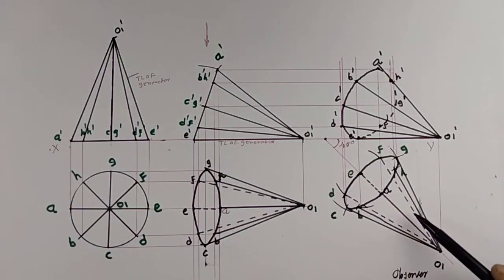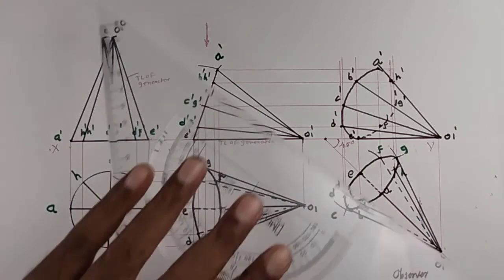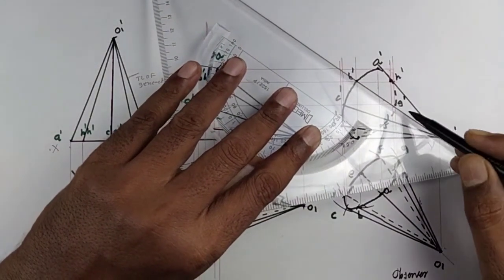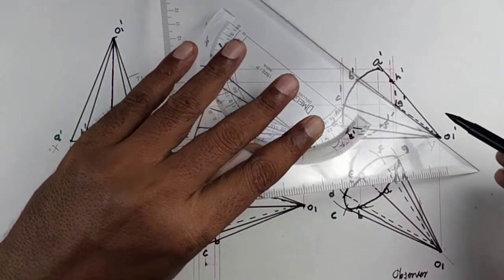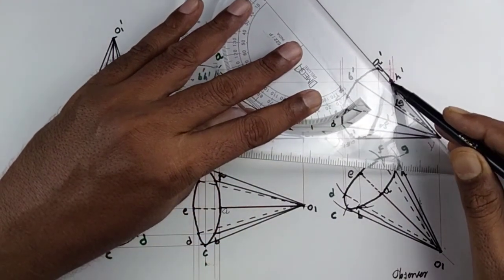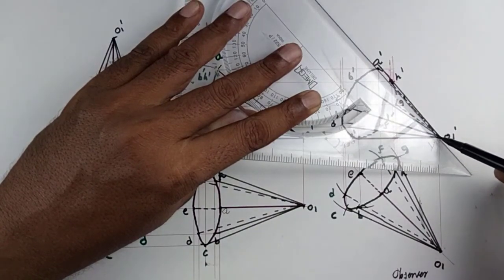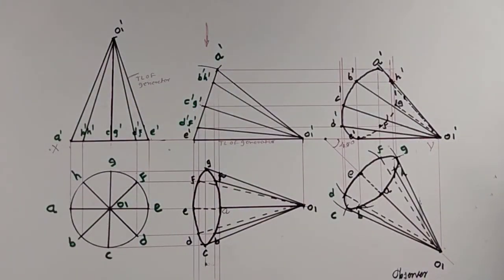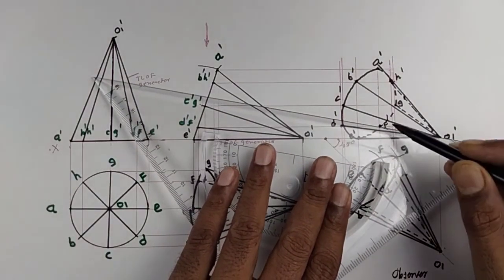But the generators HO1, GO1 and FO1 are away from the observer, so they show as dotted. So my G dash O1 dash is dotted, H dash O1 dash is dotted, and FO1 is dotted.